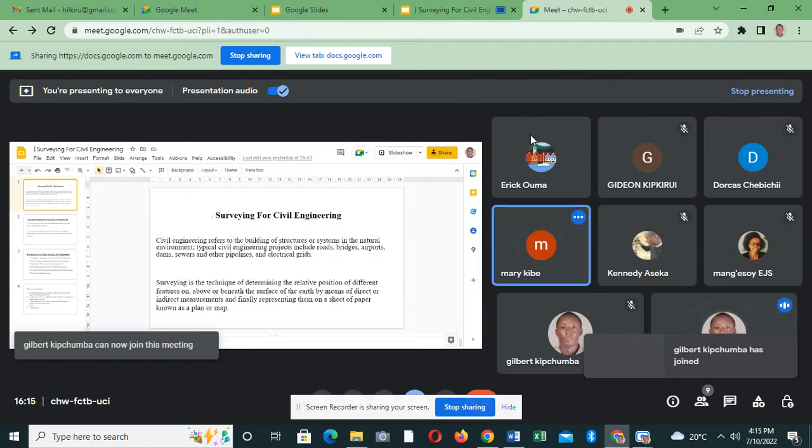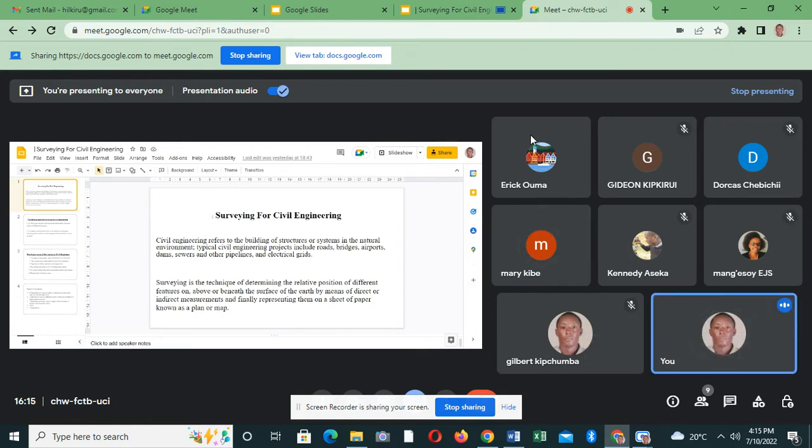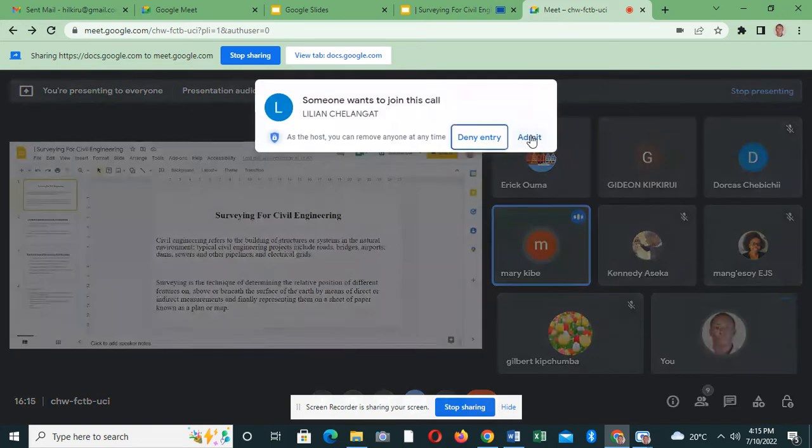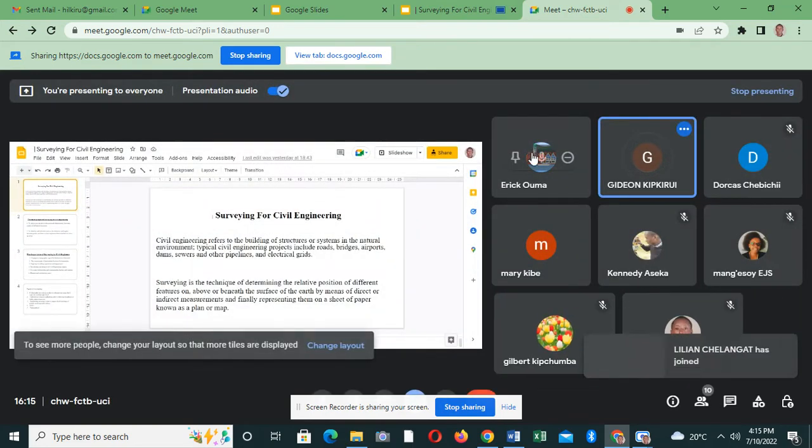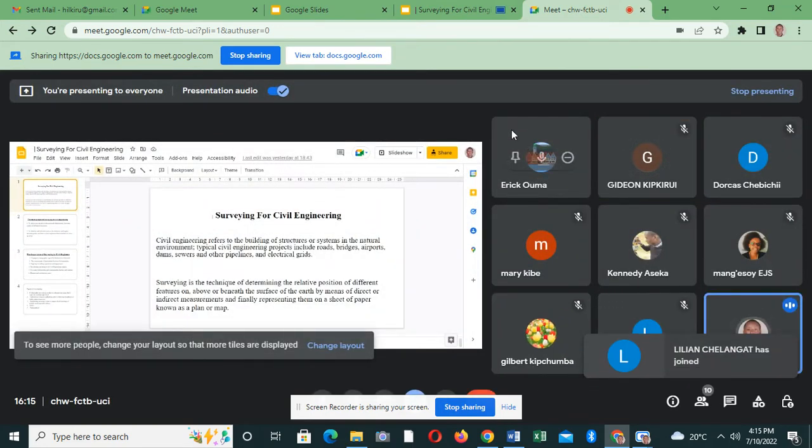Road, bridge, airport, dam, river. Your net is not stable. I can't hear you well. Yes, Mary Kibe has defined for us what is civil engineering.